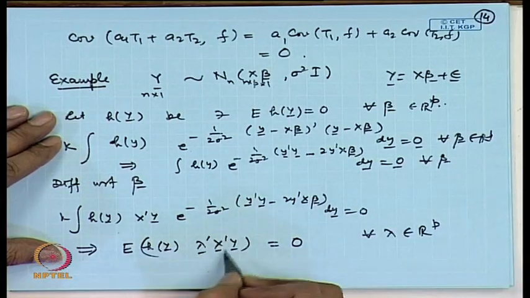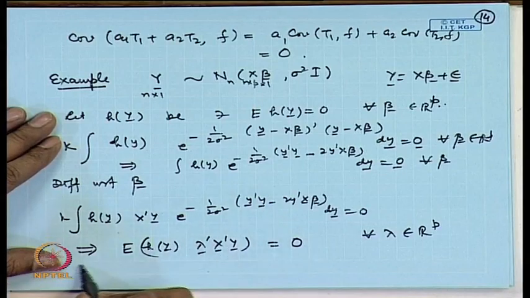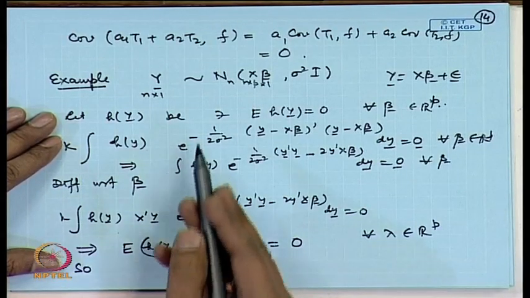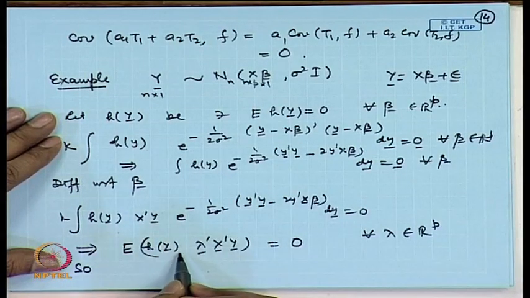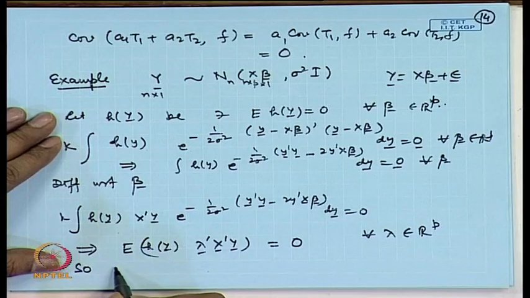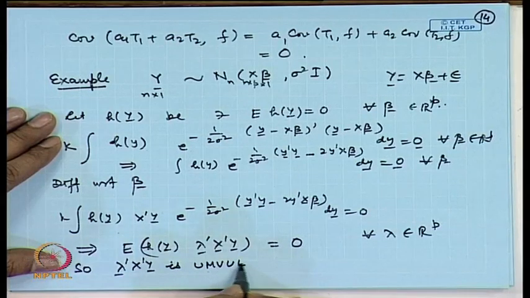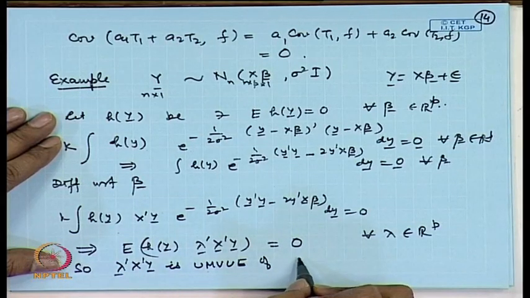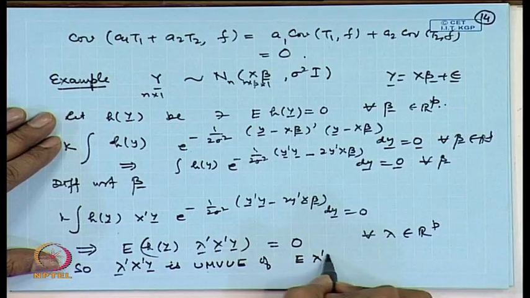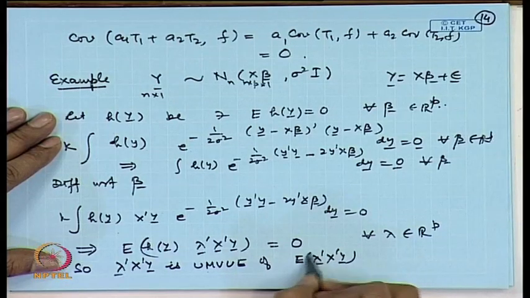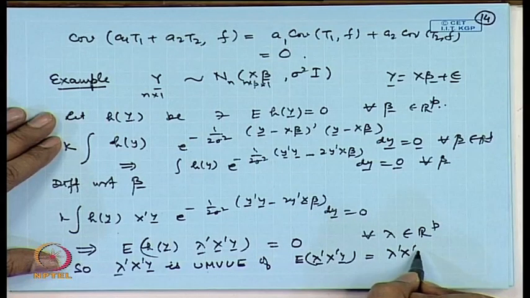So what is this one? This is a linear function. So by the previous theorem, what we are saying is that lambda prime X prime y is UMVUE of its expectation, that is lambda prime X prime beta.